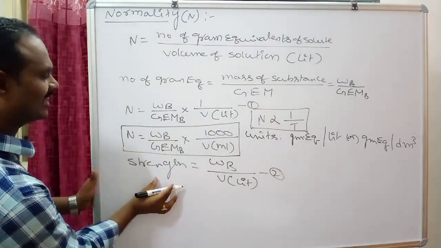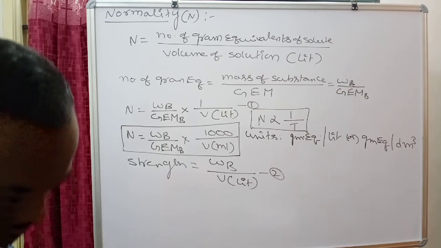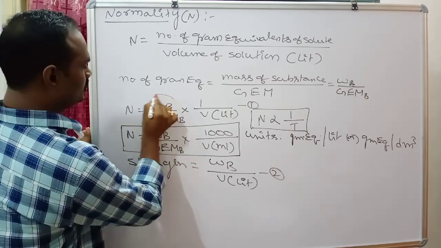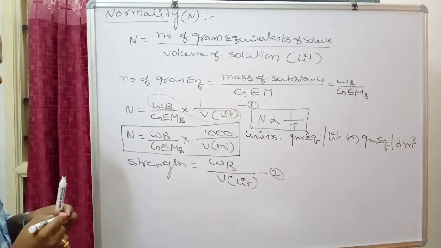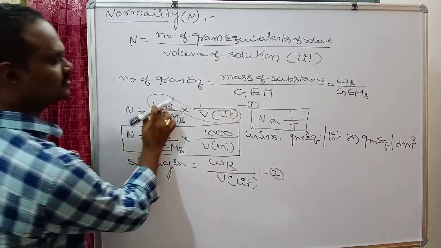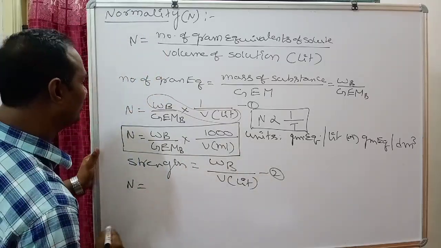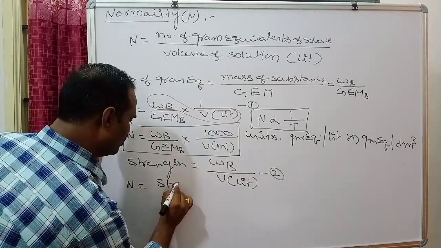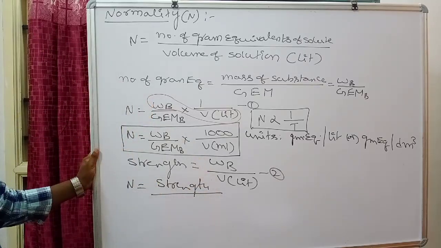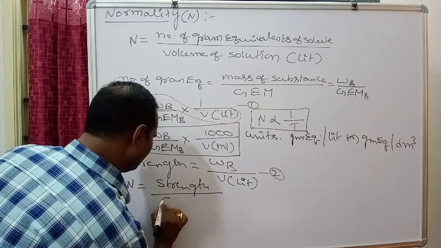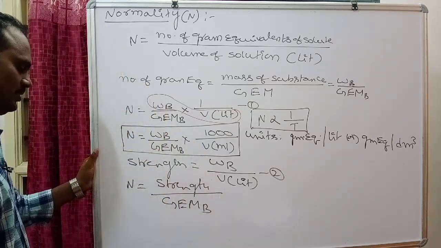Shall we substitute the strength formula here? In the place of WB by volume in liters, if you substitute strength, normality is equal to strength of solution by gram equivalent mass of solute.